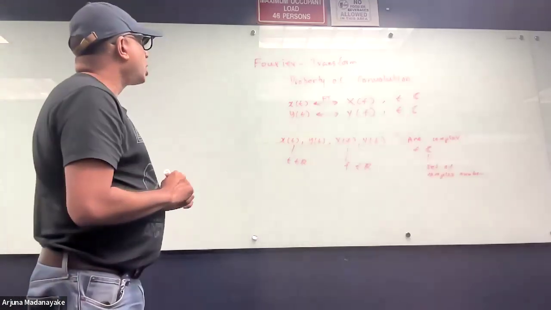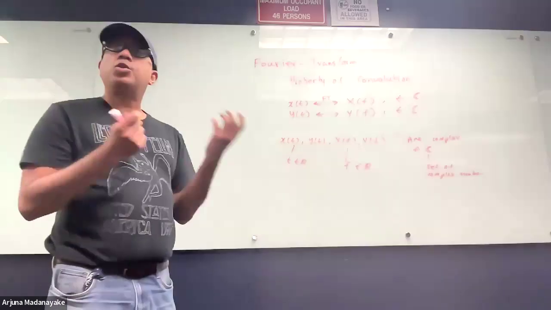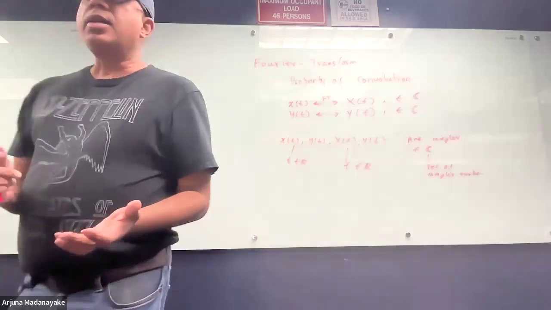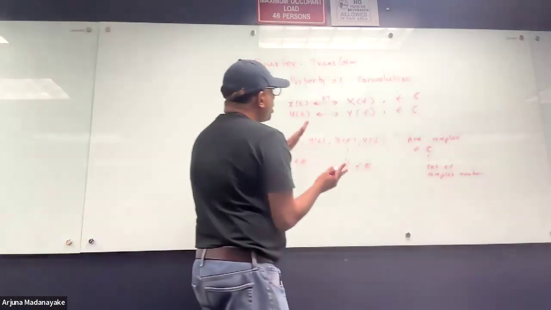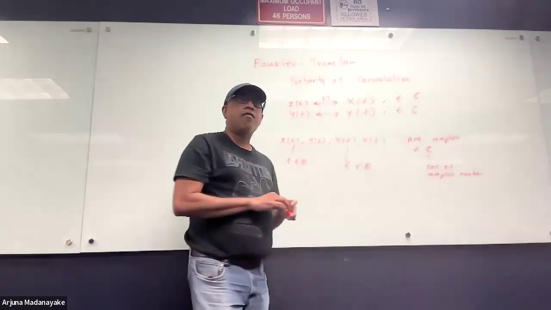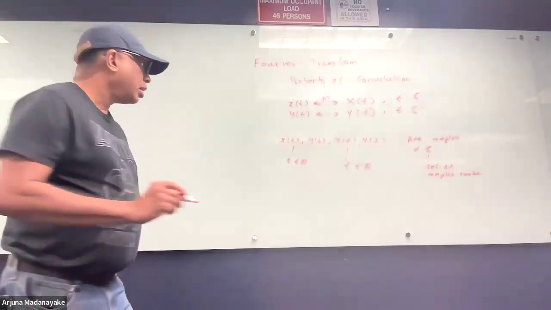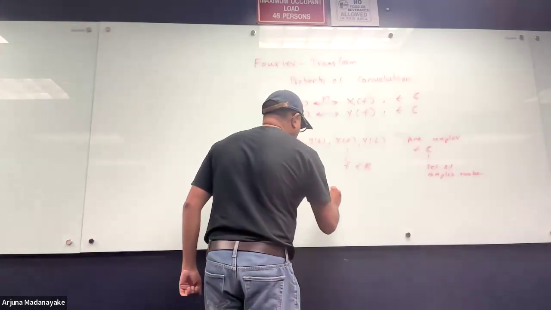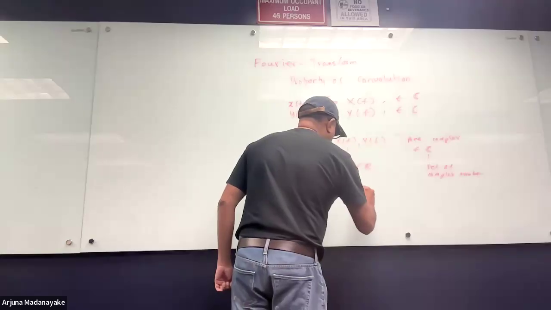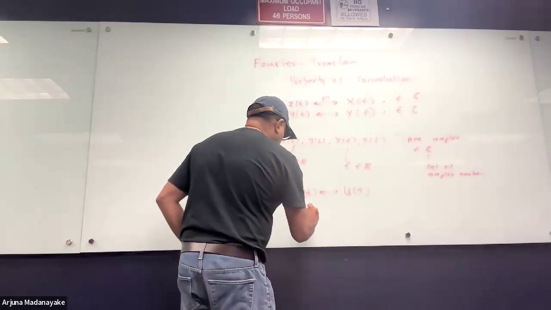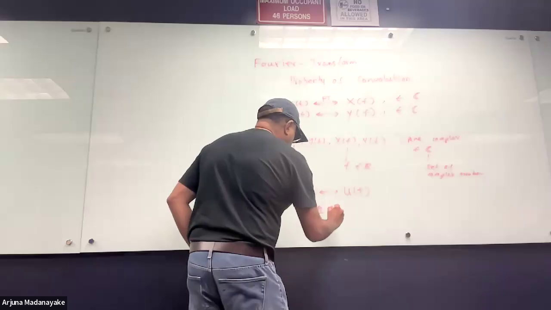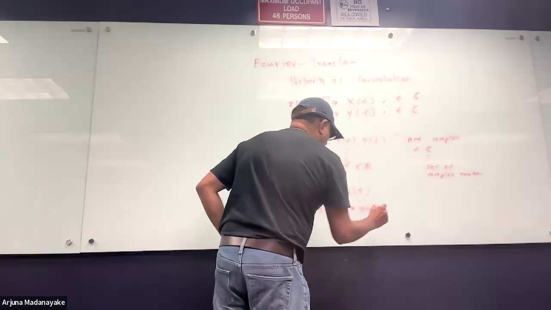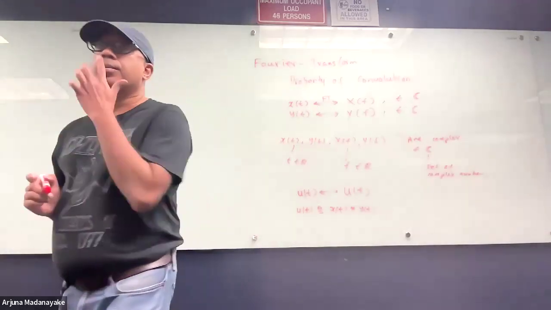So the property of Fourier transforms is that if you have two individual functions, x of t and y of t defined in time, and their corresponding Fourier transforms are X of f and Y of f, and we find a new function, let's say u of t with the Fourier transform capital U of f, where u of t is defined as x of t convolution y of t, we can say something about capital U of f.